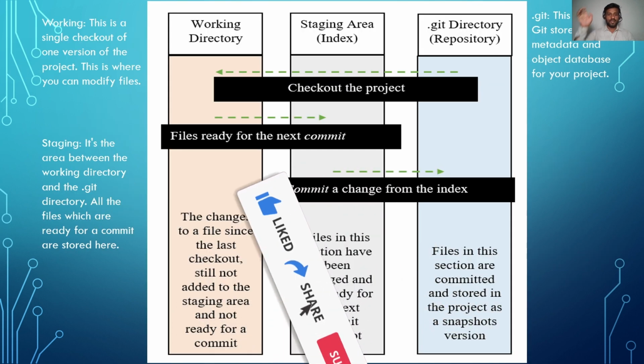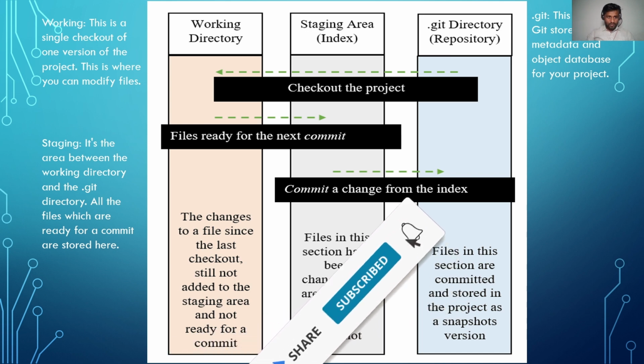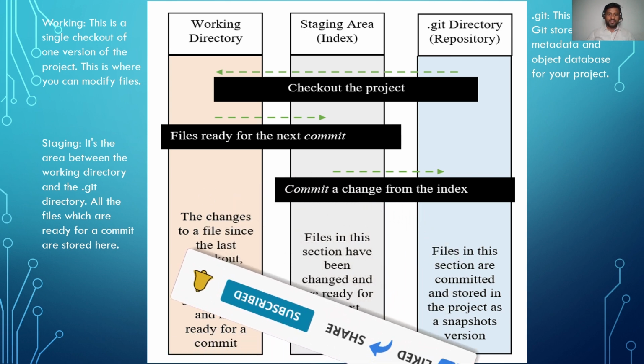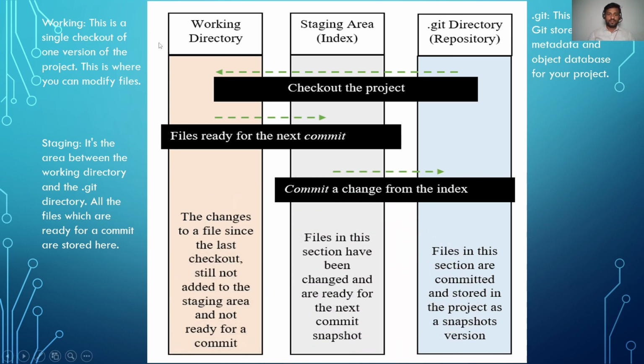See, this is another slide for Git states. This is the working directory. This is the staging area, which is also called the index, and this is the .git directory repository. So check out the project. The .git directory repository is going to check out the project into the working directory.